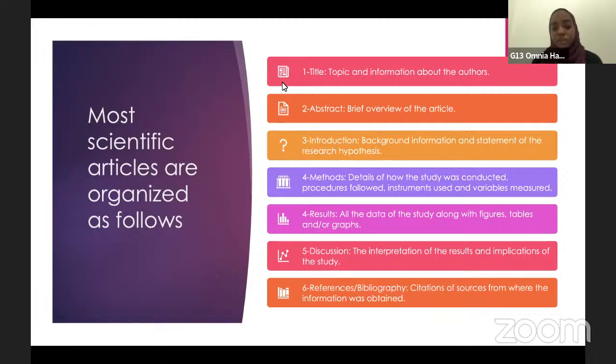We have the methods, details of how the study was conducted, procedures followed, instruments used, and the variable measures. The fourth is the results, all the data of the study along with figures, tables, and graphs. And the fifth component is the discussion, which is interpretation of the results and implications of the study, and then the references and bibliography.